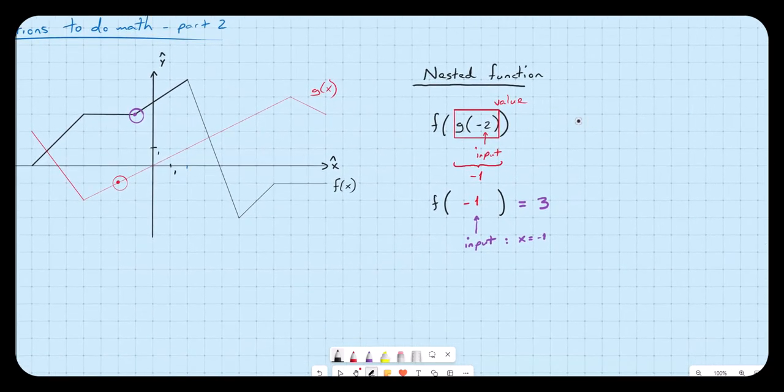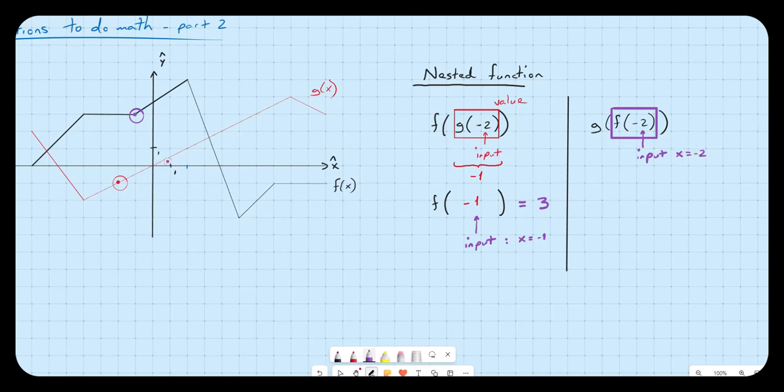So this was f of g of negative 2. What if I have g of f of negative 2? Will that work the same way? So f of negative 2, now I'm going to say this is my inner layer, and for that inner layer, my input is x equals negative 2.